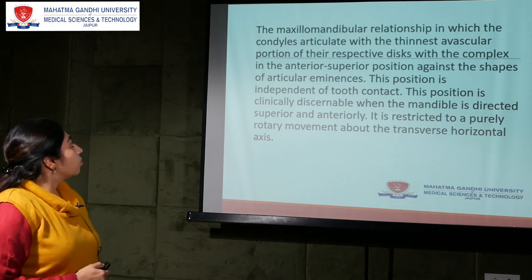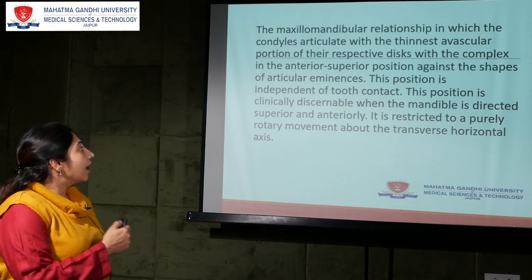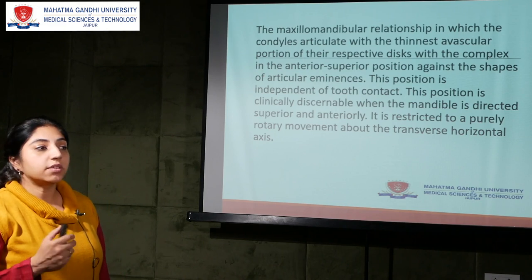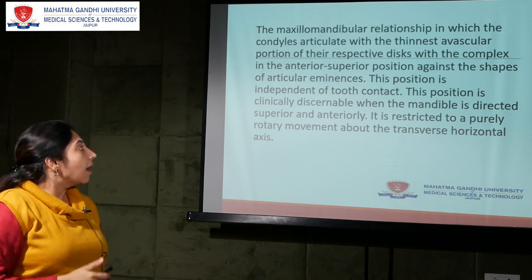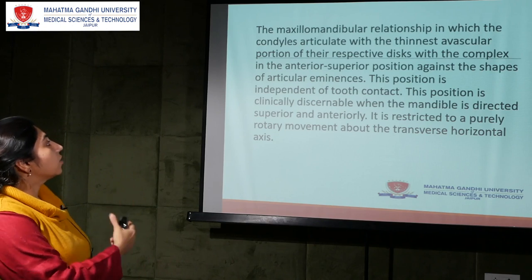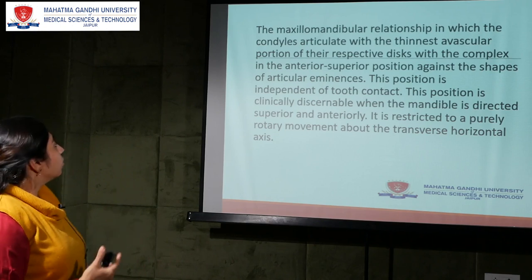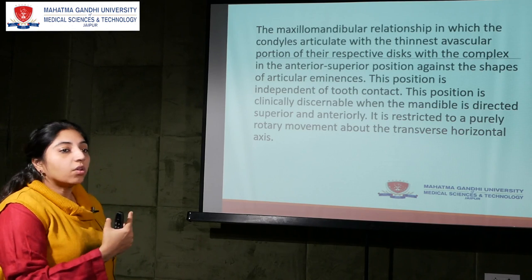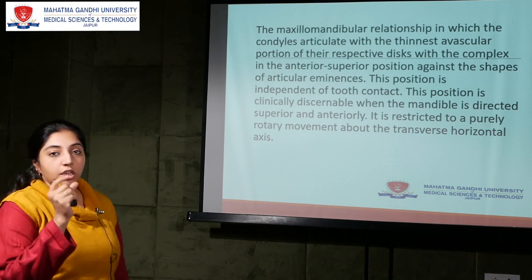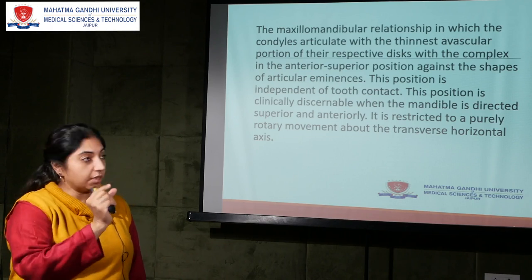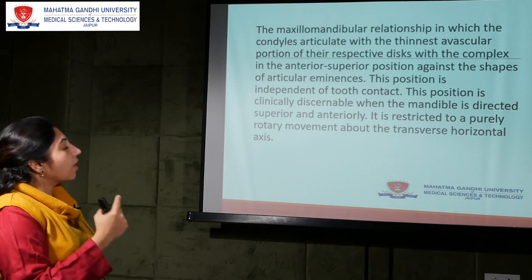Today we speak about it as being the maxillomandibular relationship, because it is a jaw relation of the maxillary jaw to the mandibular jaw. Therefore, it says maxillomandibular relationship, in which the condyles are articulating with the thinnest avascular portion. So the condyles are articulating means they are meeting the thinnest avascular portion.